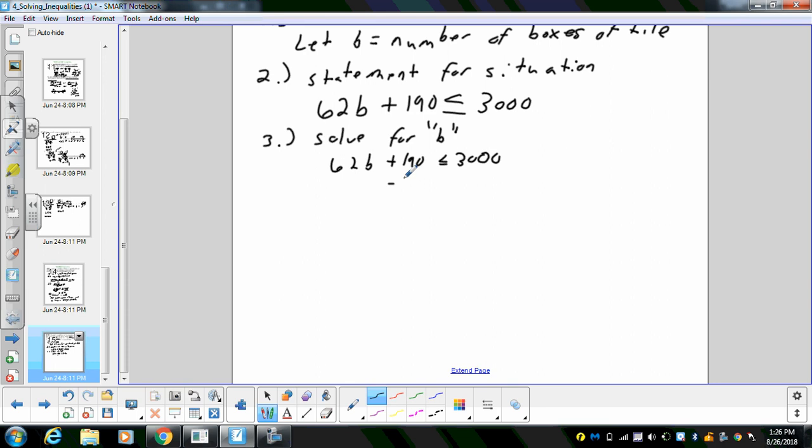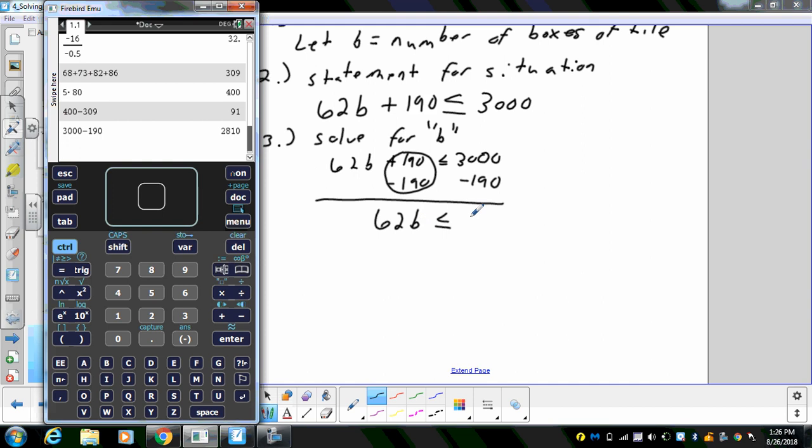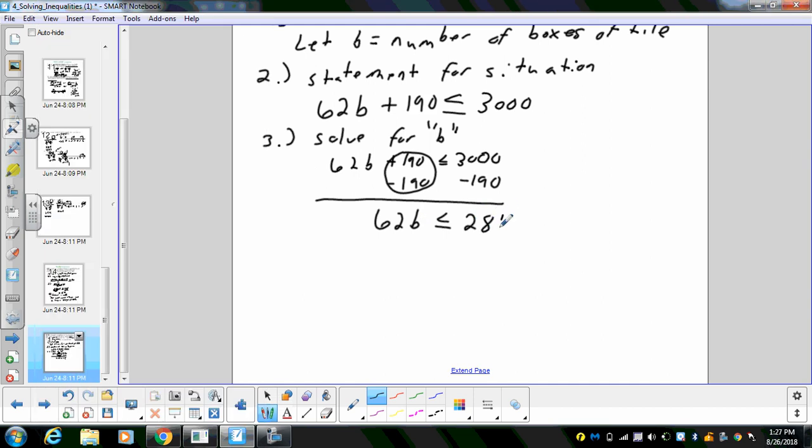I'm going to subtract 190. I got 62B left, is less than or equal to 2,810. And then I'm going to divide both sides by 62.